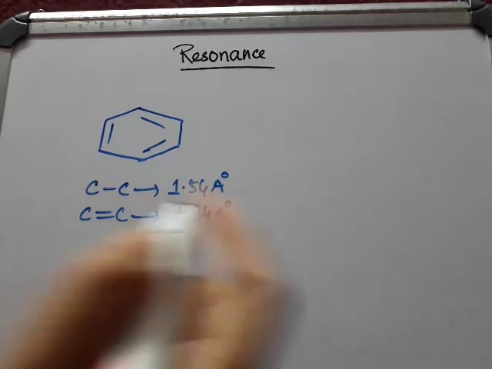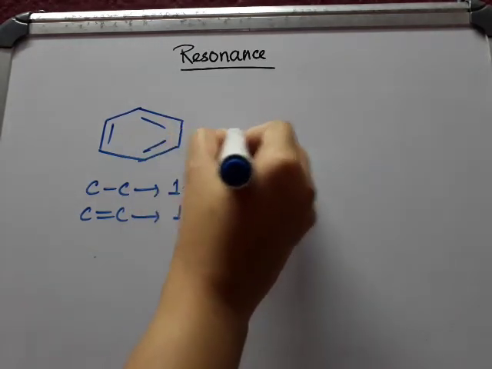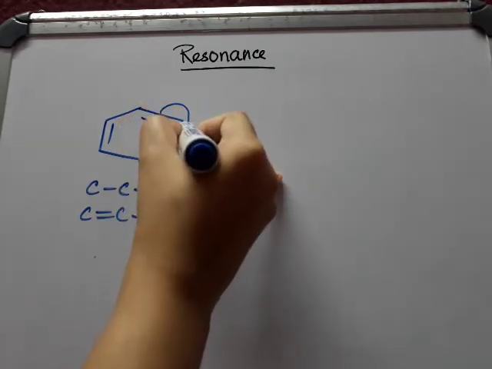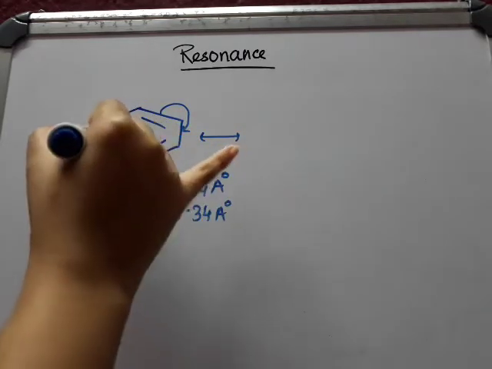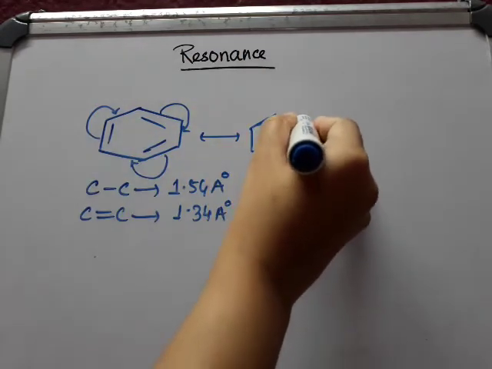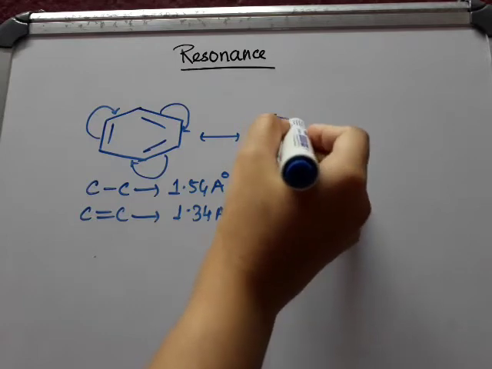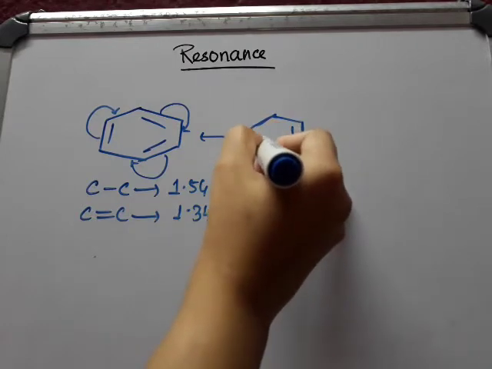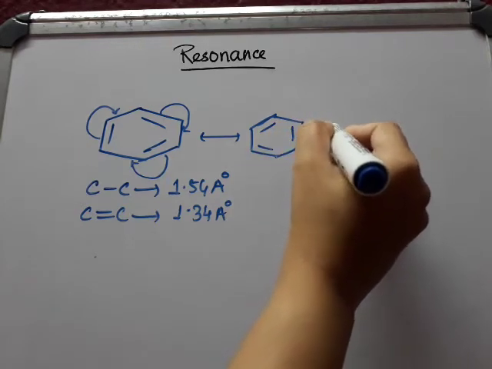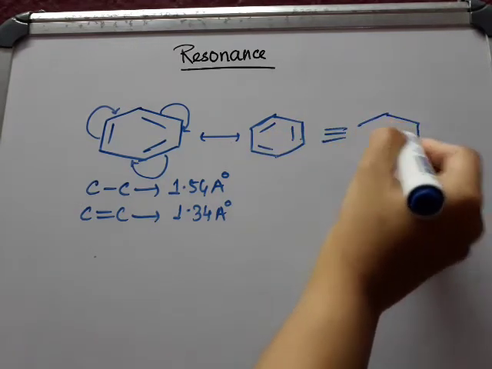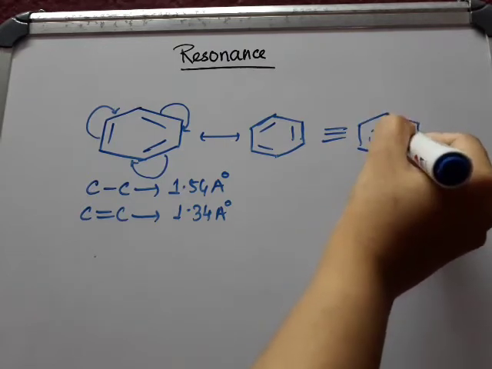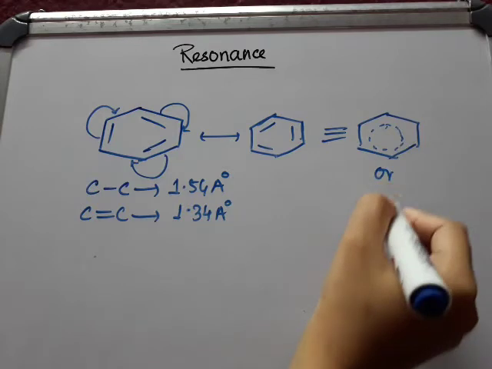Because of this alternate double bond single bond system, resonance occurs, and as a result each of the carbon-carbon bonds gets double bond character in one of their canonical structures, and for that reason we can express the benzene molecule as a resonance hybrid like this, or simply like this.